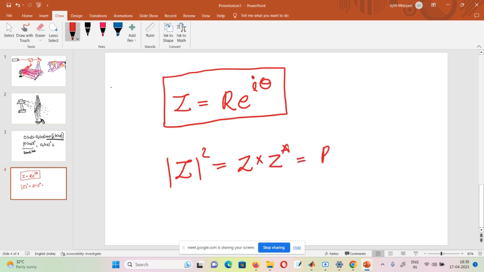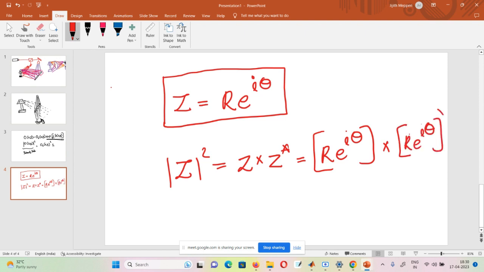So r e raised to I theta into r e raised to I theta star.